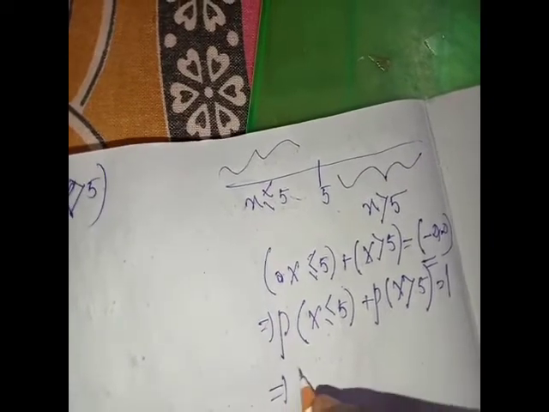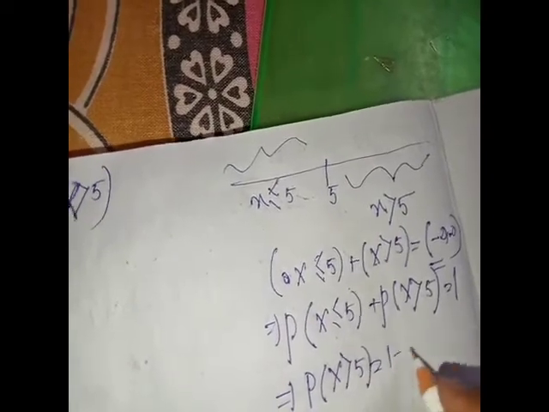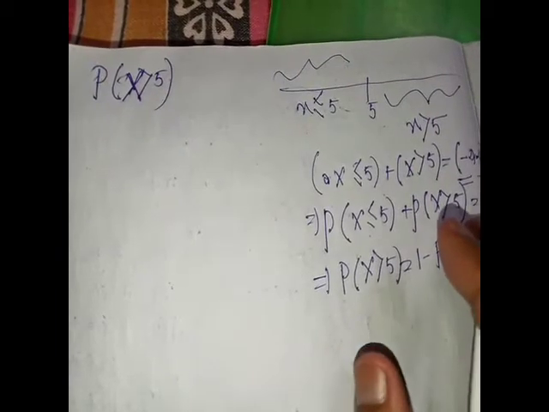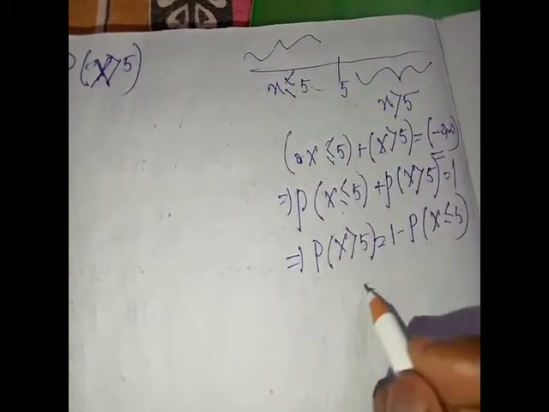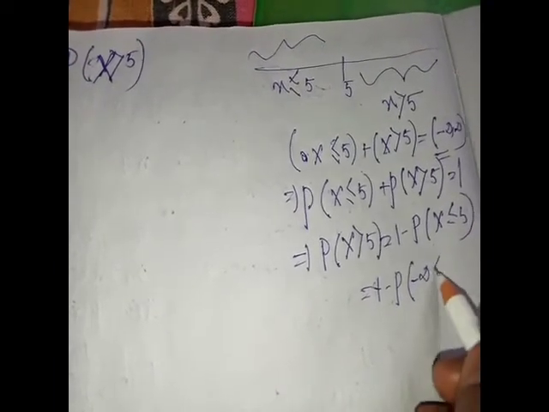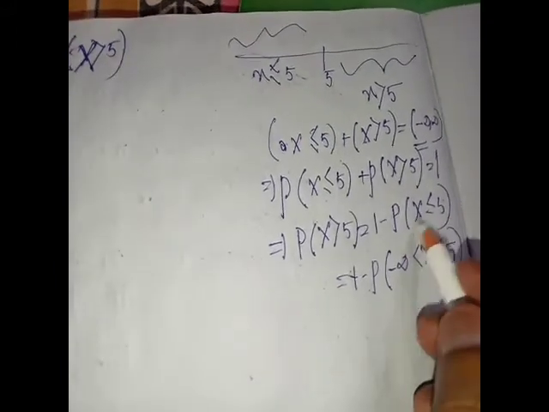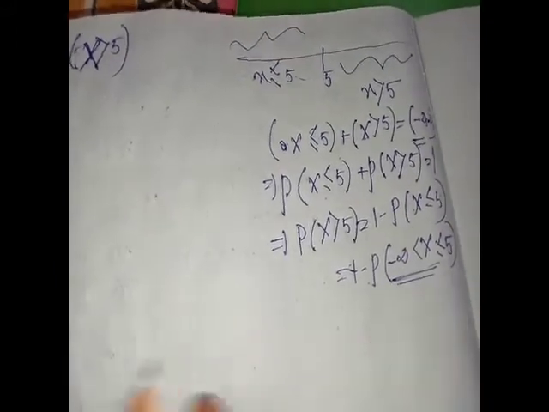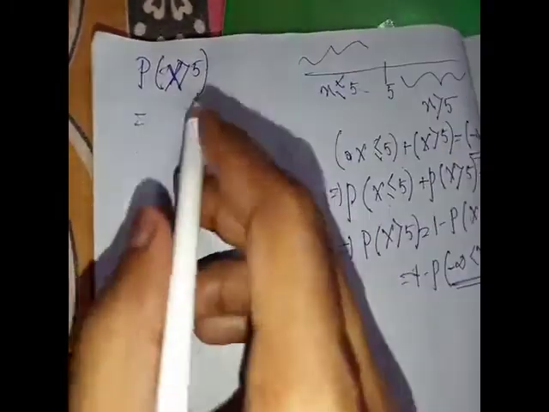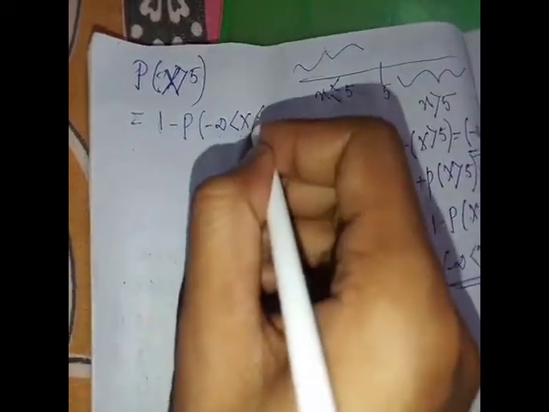So P of X > 5 means 1 minus P of X ≤ 5, that is, 1 minus the probability of minus infinity < X ≤ 5.